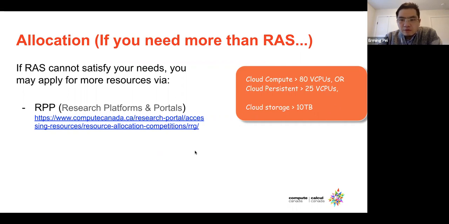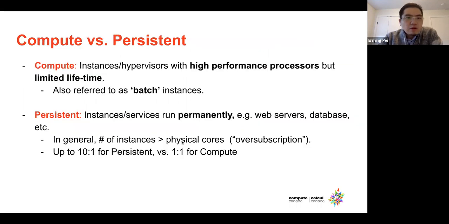So basically, if the resource is more than 80 vCPUs, or persistent resource more than 25 vCPUs, or storage more than 10 terabytes, you have to apply formally. So as I said, there are two categories: compute and persistent.